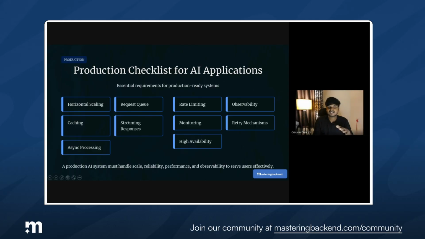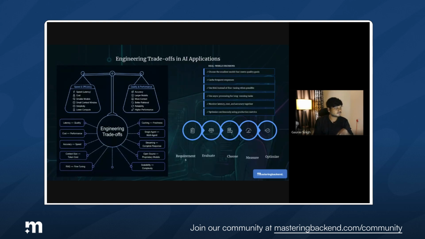You can search by yourself what streaming is, and it is one of the most interesting parts as an AI engineer. You have to do monitoring. You have to do async processing, which is already provided by FastAPI. And if you have millions of users, you can also do horizontal scaling. Okay, so now move to the next.